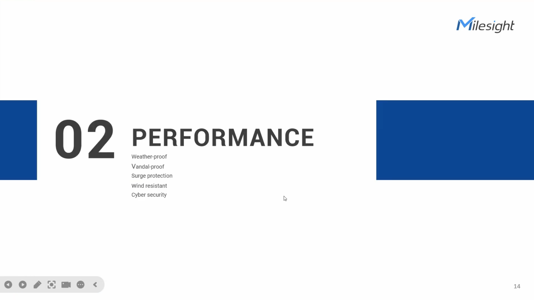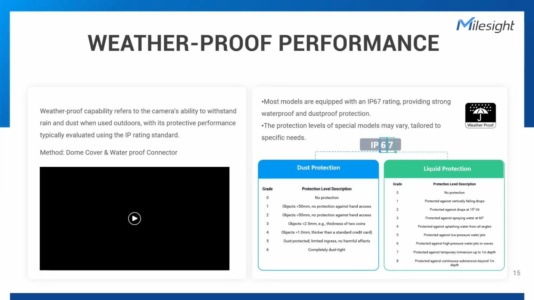And here we will have a quick look at the performance. Firstly, all of our products try their best to have weatherproof performance. Most of the products, not all, are equipped with an IP67 rating, so that they are dust tight and protected against temporary immersion, protecting the camera from various extreme weathers.